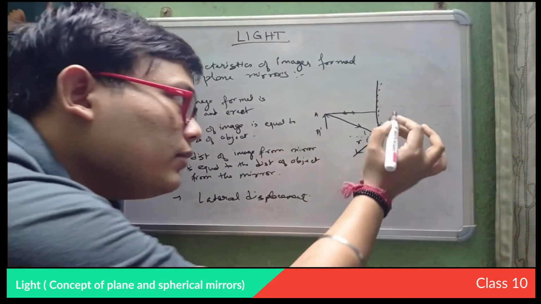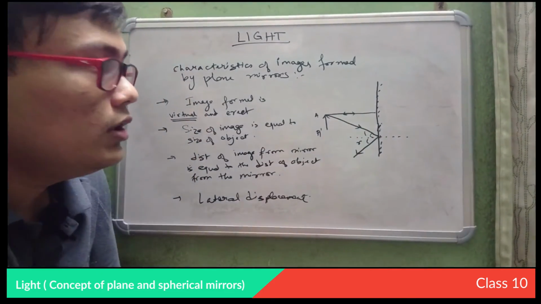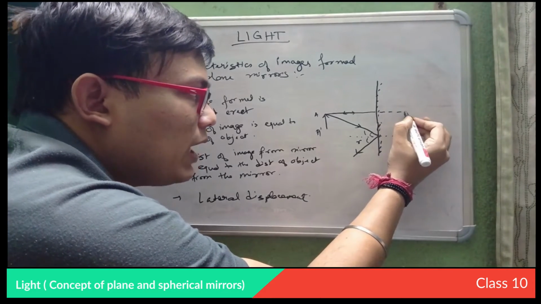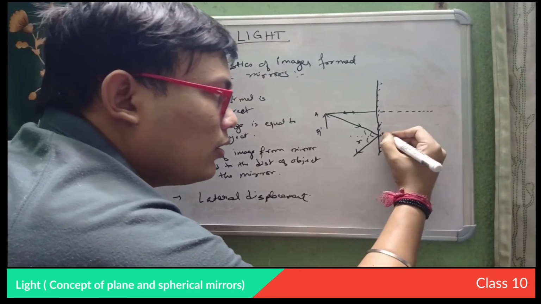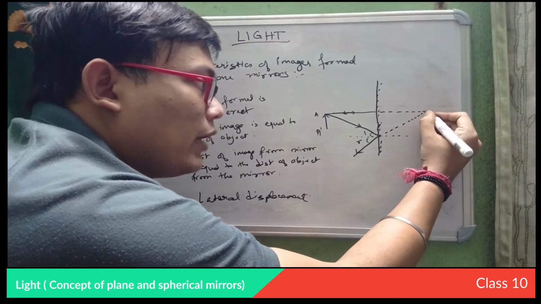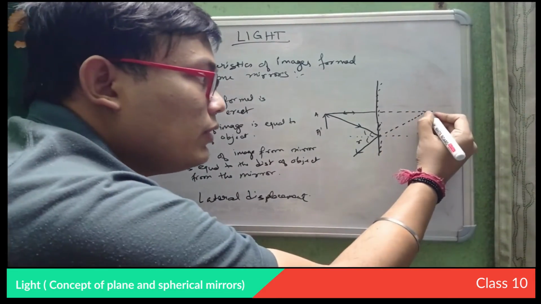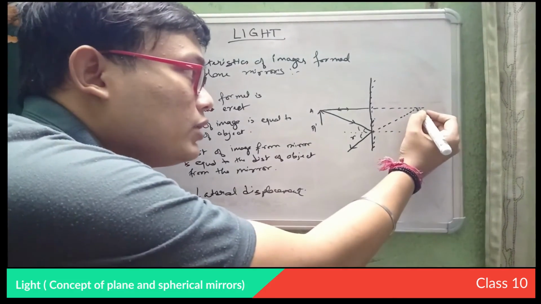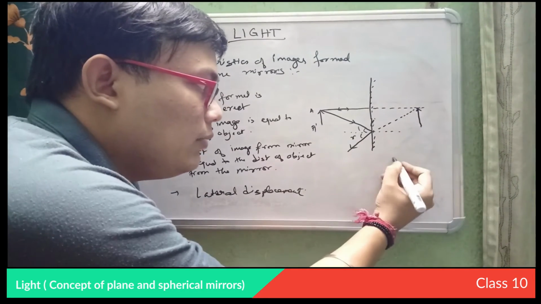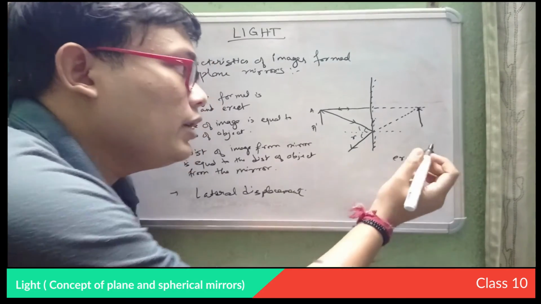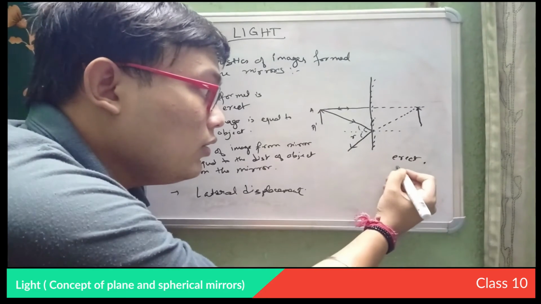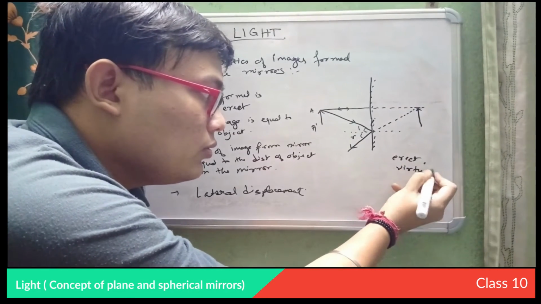Now if we retrace the path of these rays backwards and join these two rays together, we get an image which is erect in nature. Also the image is formed on the other side of the mirror, so this is a virtual image.